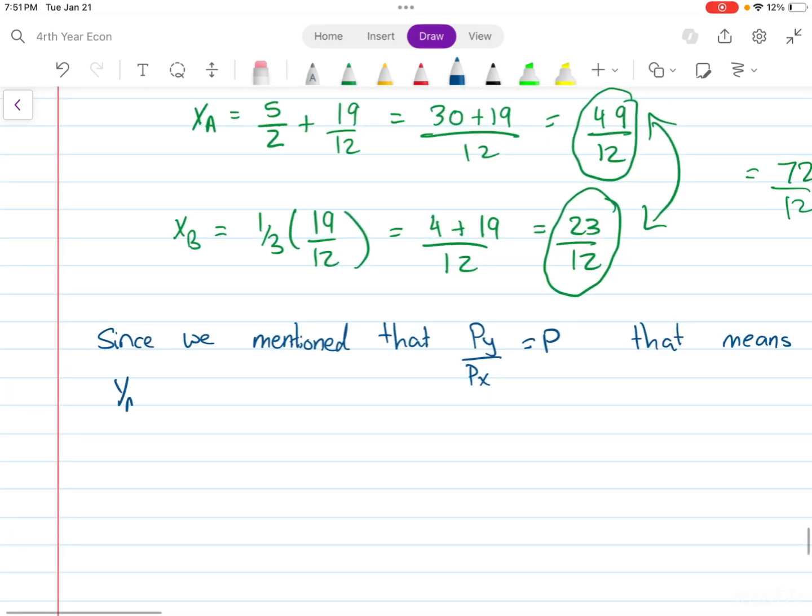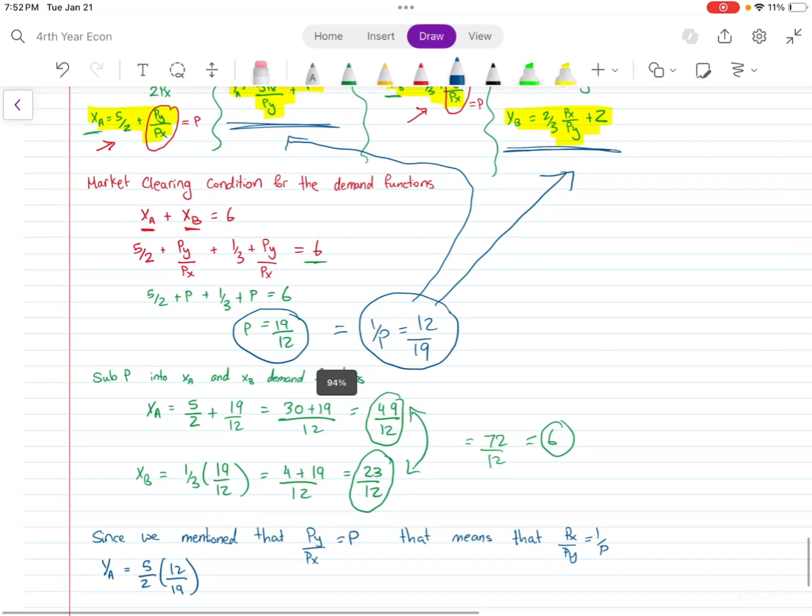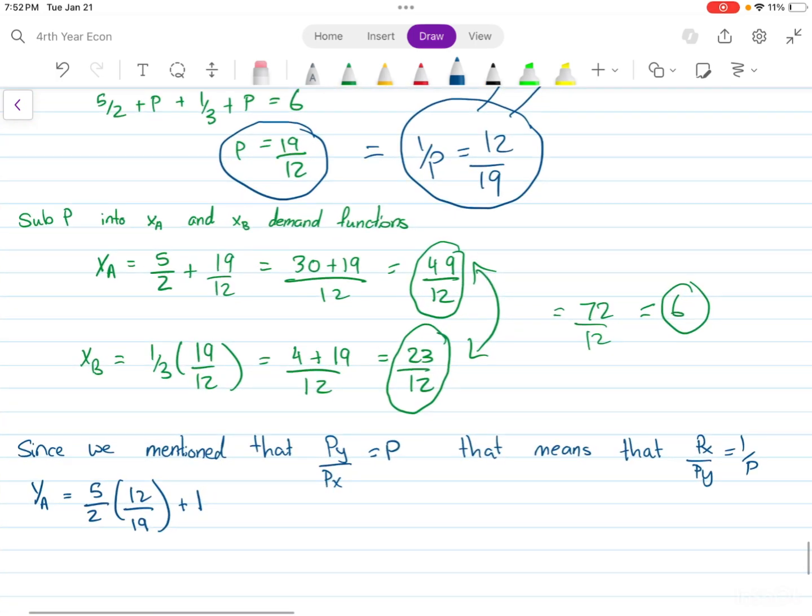Again, just subbing in numbers. So we get good Y for Alex as 49 over 19.